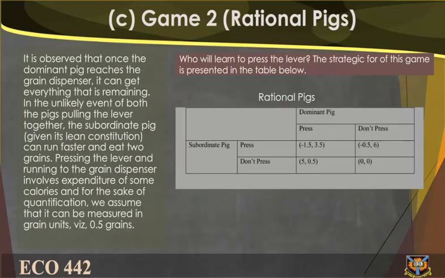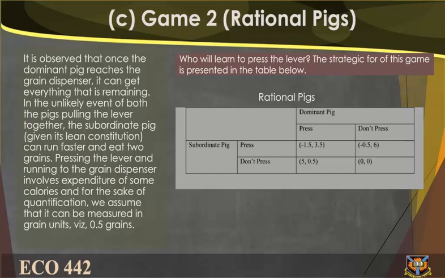It is observed that once the dominant pig reaches the grain dispenser, it can get everything that is remaining. In the unlikely event of both the pigs pulling the lever together, the subordinate pig, given its lean constitution, can run faster and eat 2 grains.